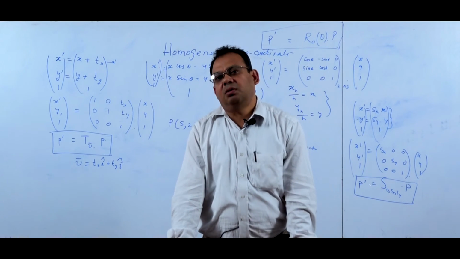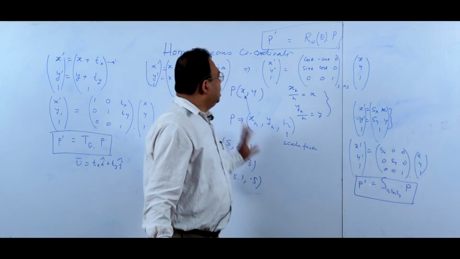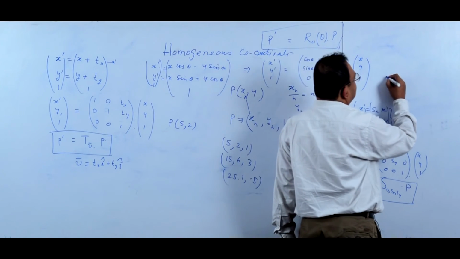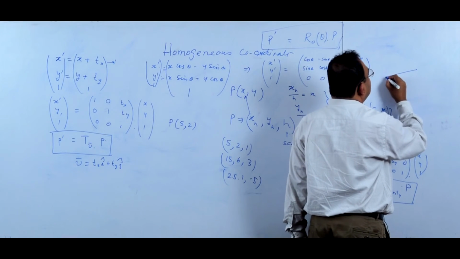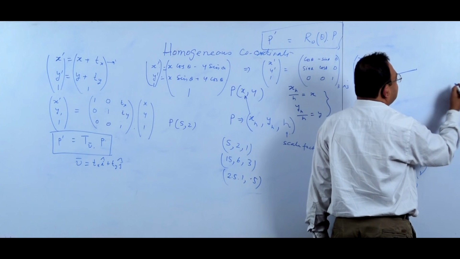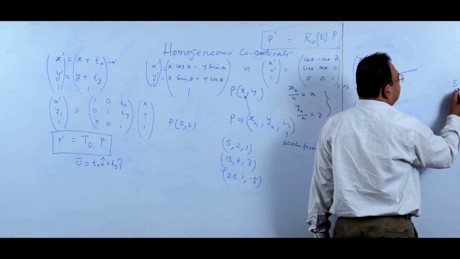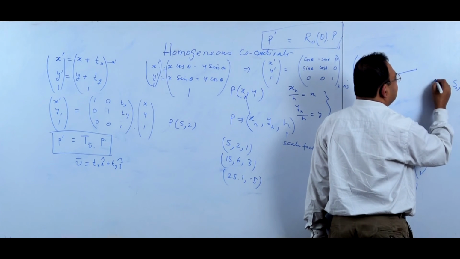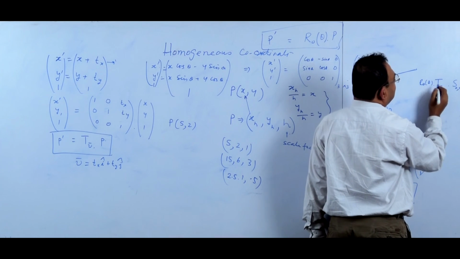And we have also said what the advantage of using homogeneous systems is. If we want to perform, say, first scaling, then translation, then rotation, we apply them in this sequence on P: first scaling, say S, after that translation, say TV, after that rotation R theta.